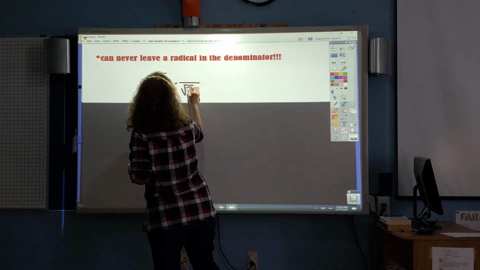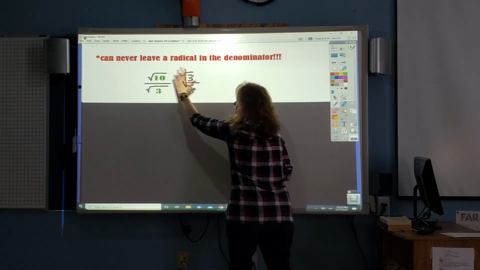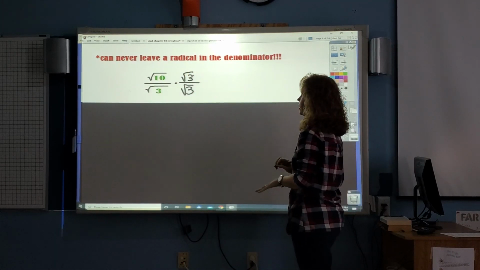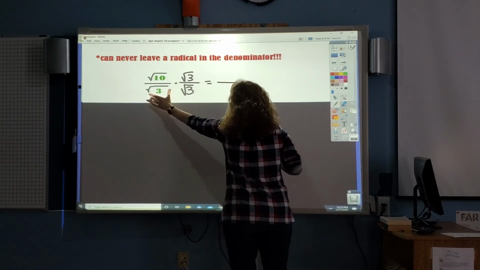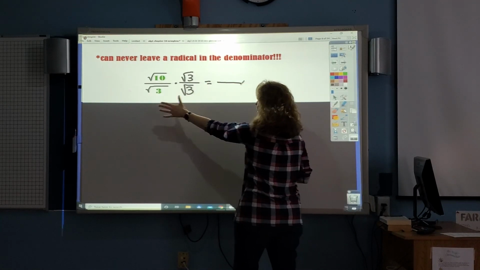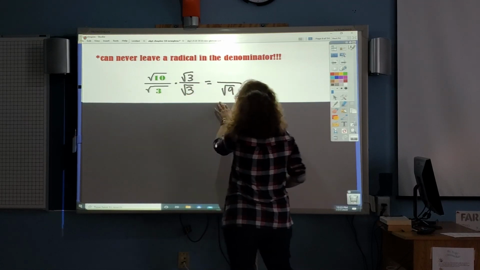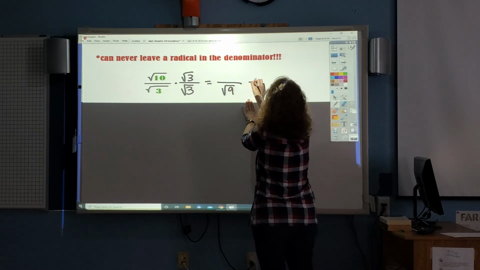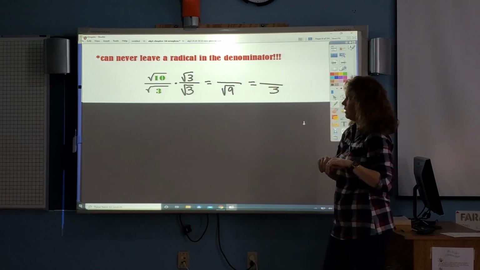Let me show you what happens when you do that. But you have to do the top and the bottom, because this is actually equal to 1, so you're not really changing the actual value of this fraction. It's legal. But what happens here, let's pay attention to the denominator on this. The square root of 3 times the square root of 3 is the square root of 9, but it actually will turn into a 3, which is no longer going to have a radical in the denominator.